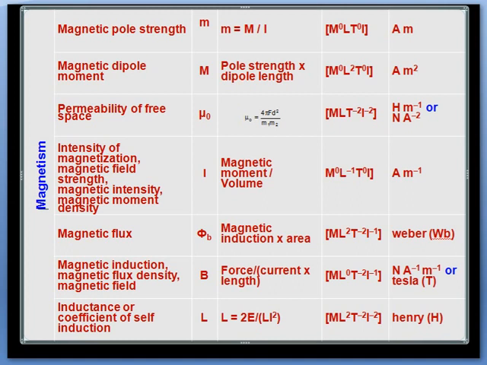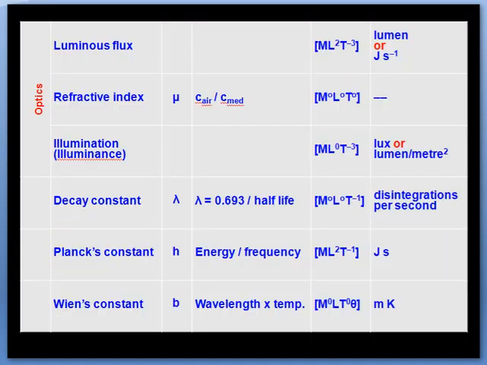So these are all the compiled physical quantities at a glance with their symbols, formulas, dimensional formulas, and units. And last but not least, some physical quantities related to optics.